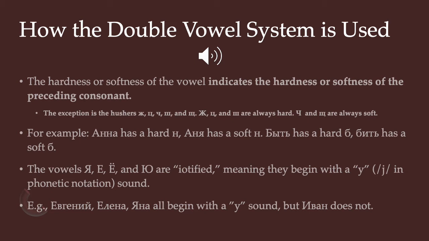When they are pronounced at the beginning of a word or in a vowel cluster, we pronounce this ya sound at the beginning of these vowel sounds. So for example, the name Yevgeny starts with a ya. Or my name Yelena starts with a ya. Or the name Yana also starts with a ya. But the name Ivan does not, it just starts with an E sound.